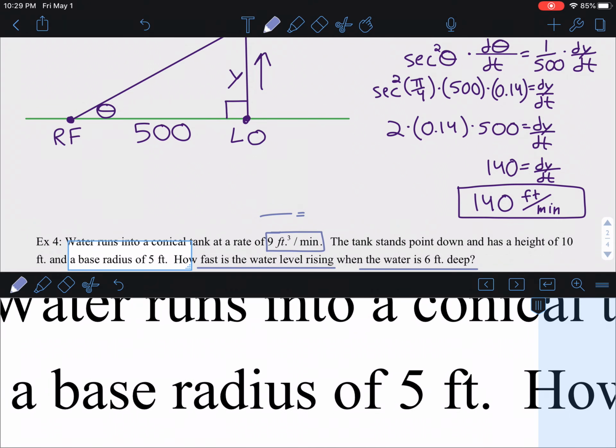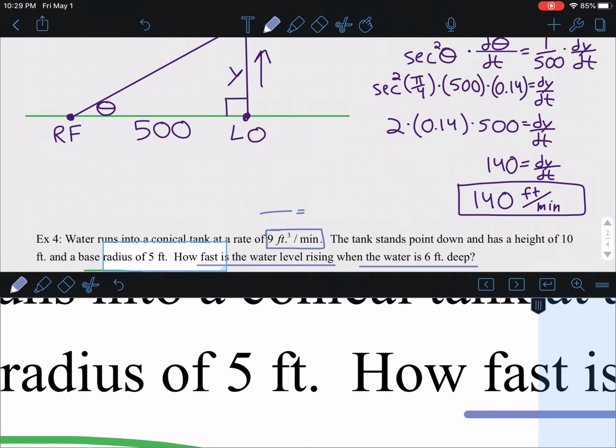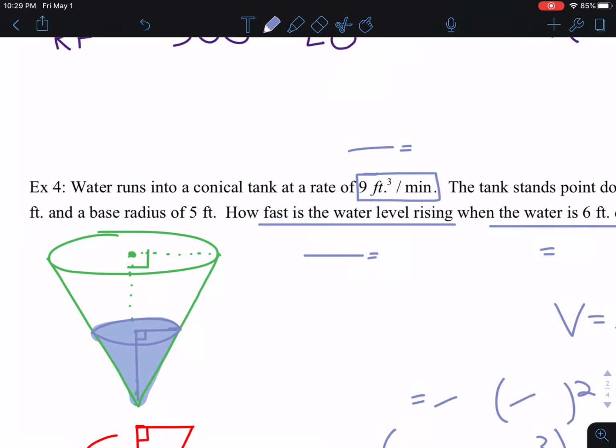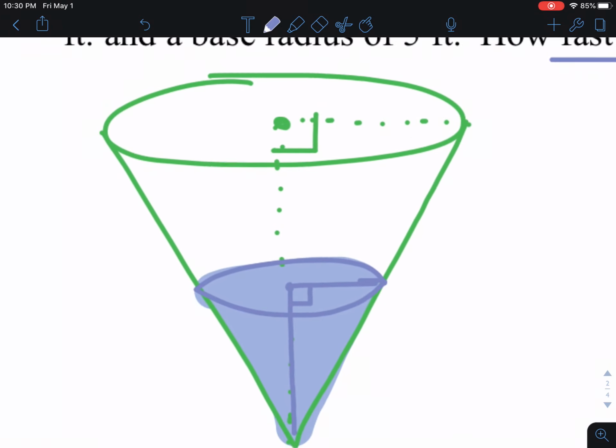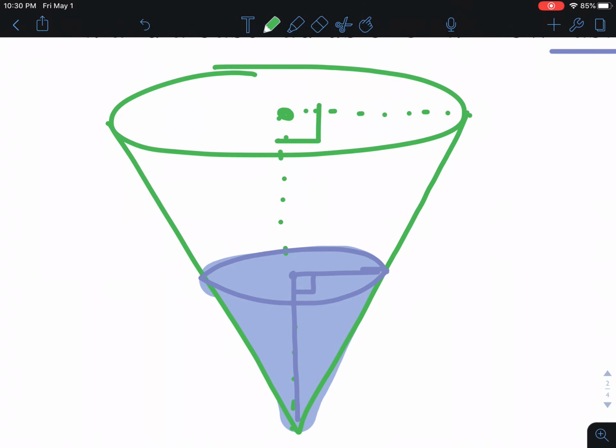Now, what's really important here is that you don't confuse what the 10 and the 5 represent. These are dimensions of the tank, my conical tank. Does the tank change? Is the tank's height and radius changing? No. Those are constant, right? And so I already have my cone drawn here, right?